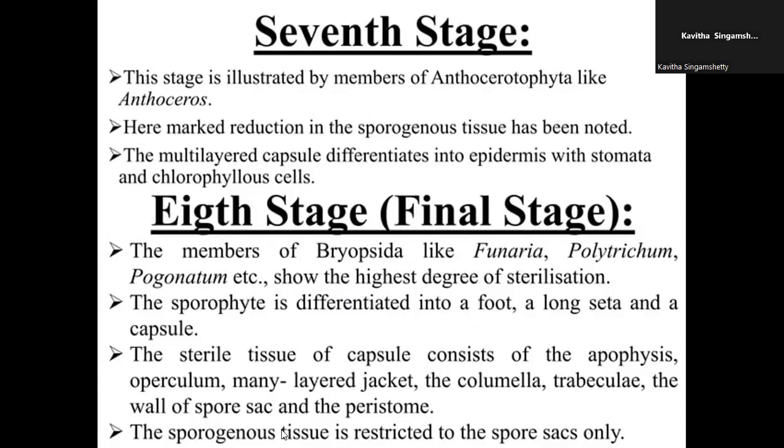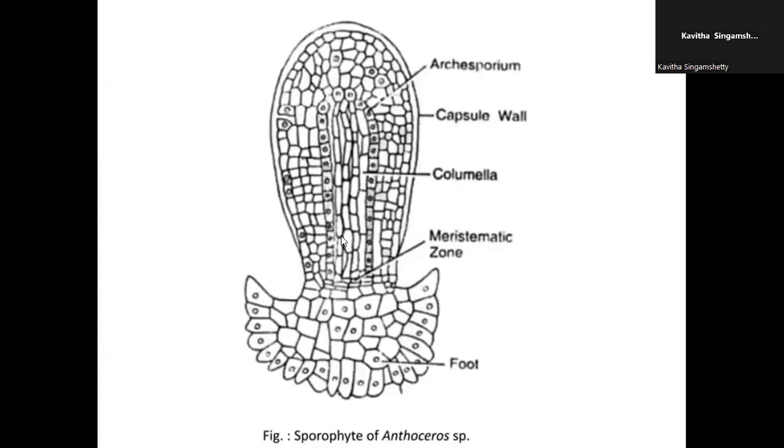In the last stage, in Polytrichum or Funaria, the sporogenous tissue is restricted only to the spore sac, whereas in Riccia the entire capsule region has sporogenous tissue. I hope this can be observed. So this is Anthoceros, where the slow increase in sterile tissue can be observed.